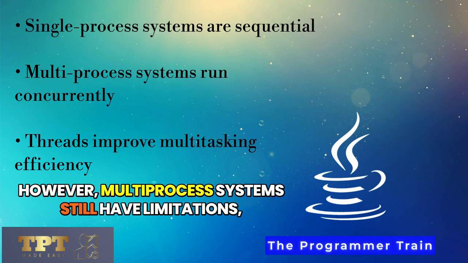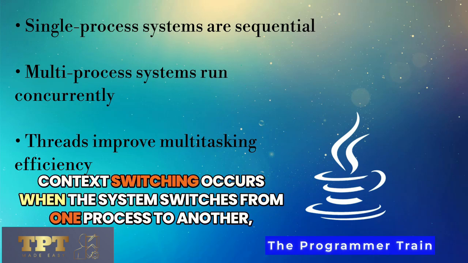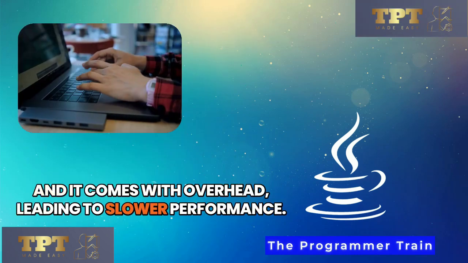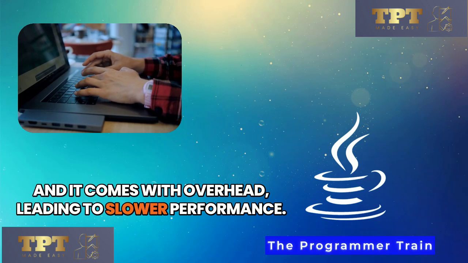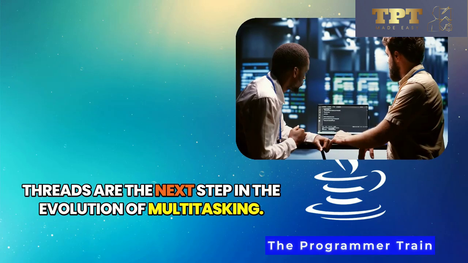However, multi-process systems still have limitations, primarily due to context switching. Context switching occurs when the system switches from one process to another, and it comes with overhead, leading to slower performance.